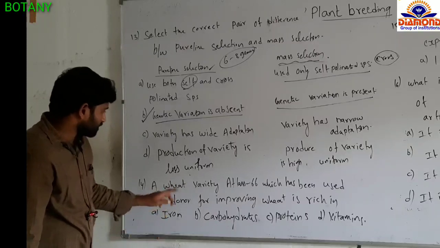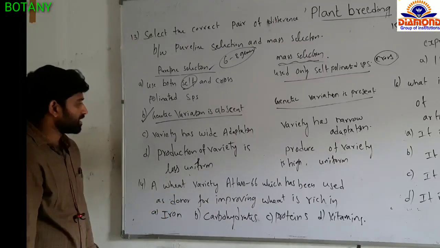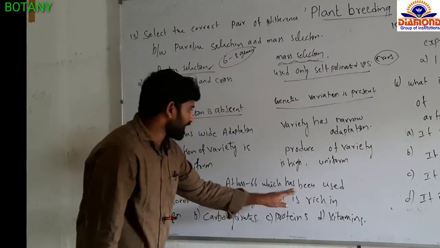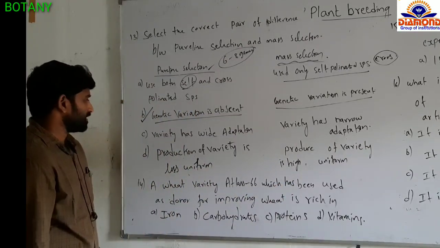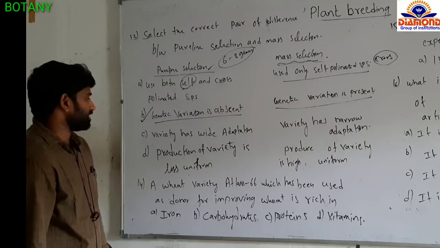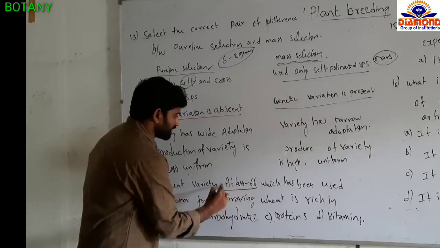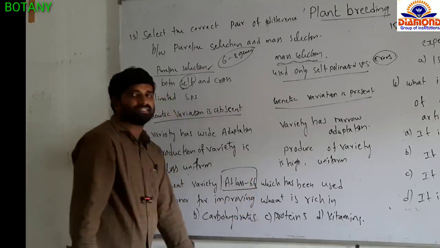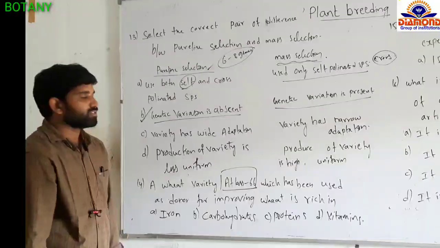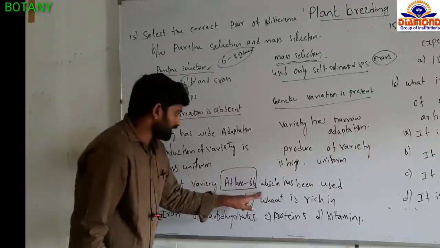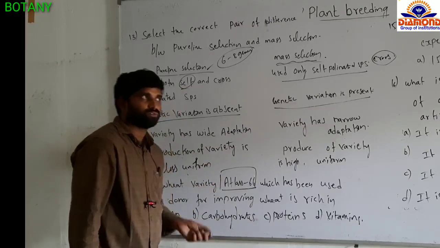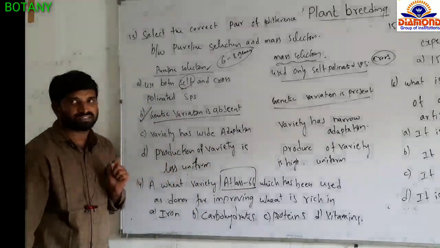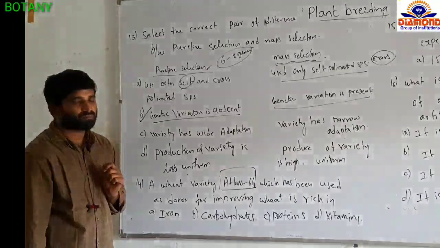And the 14th question, next one. A wheat variety Atlas 66, which has been used as a donor for improved wheat, is rich in what? Atlas 66 is one of the biofortified wheat varieties. Biofortification is a mechanism to increase the nutrient concentration in seeds or plants.